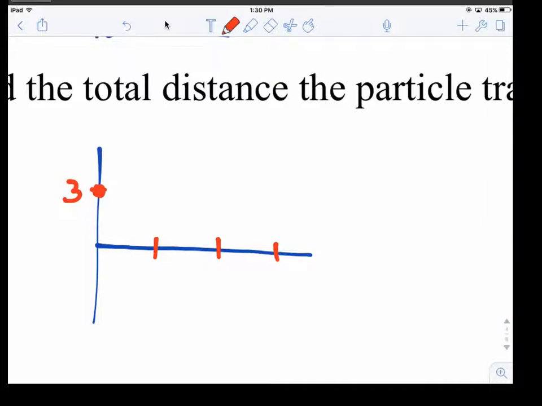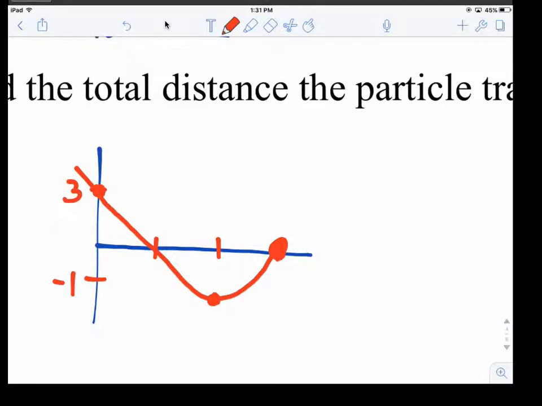And it is at what when x is equal to 3? 0. And then at x equals 2, it's at -1. So the graph looks like that.